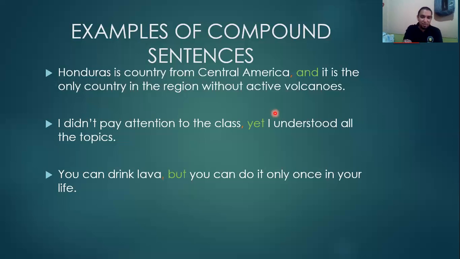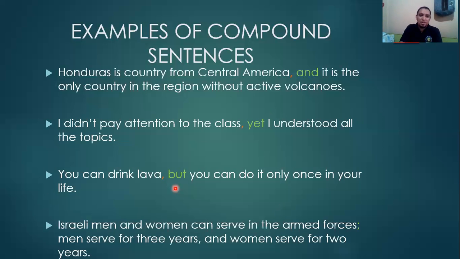Okay, so here we have another example of 2 independent clauses. Now we have: Israeli men and women can serve in the armed forces; men serve for 3 years and women serve for 2 years. Remember that the semicolon can take the place of a conjunction. So instead of using the semicolon, I can use, for example, "so."